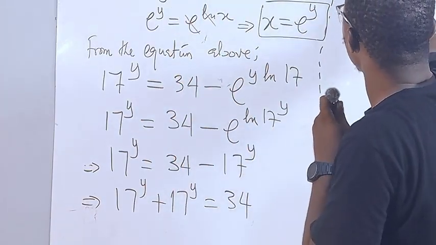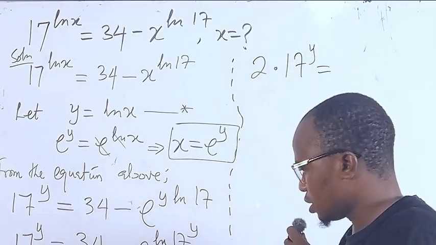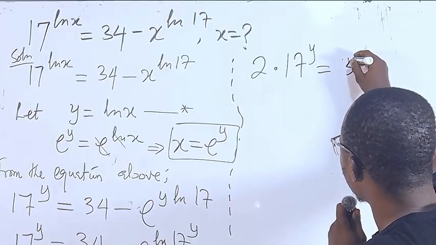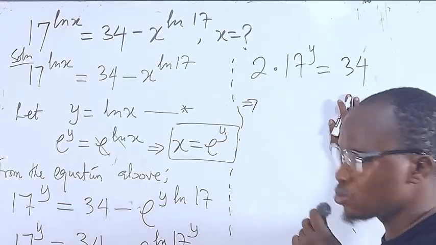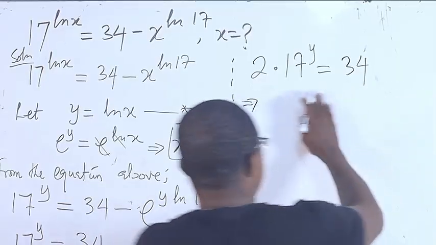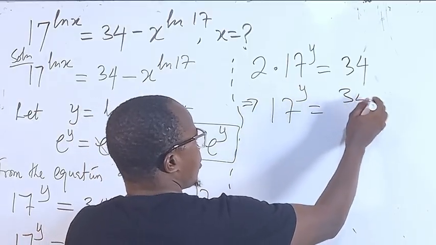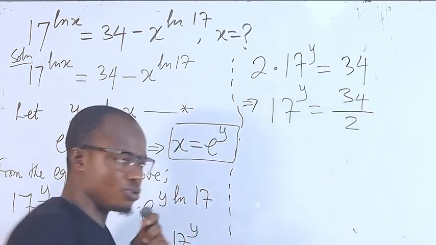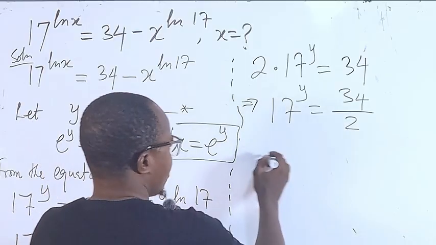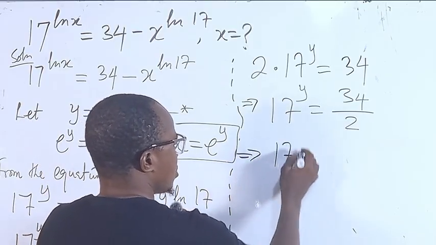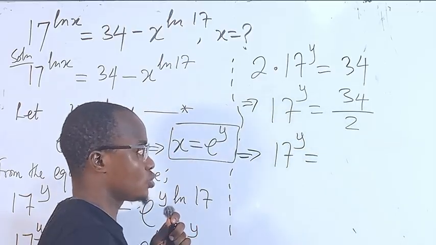So we're going to have 2 multiplying 17 to the power of y equals 34. Okay, so we divide through by 2. Are you following? So we have 17 to the power of y equals 34 divided by 2.